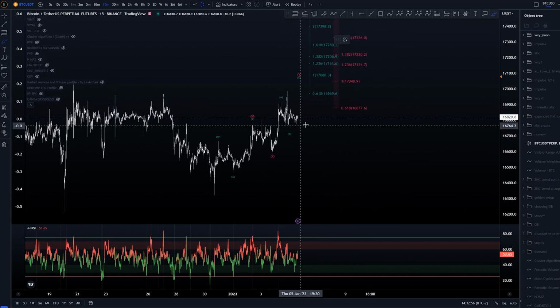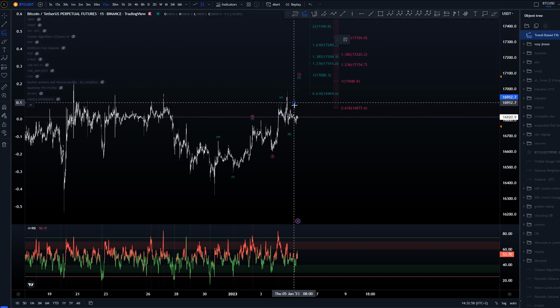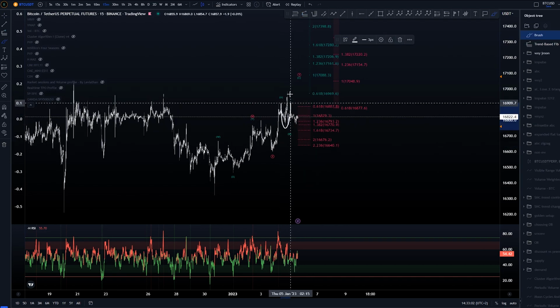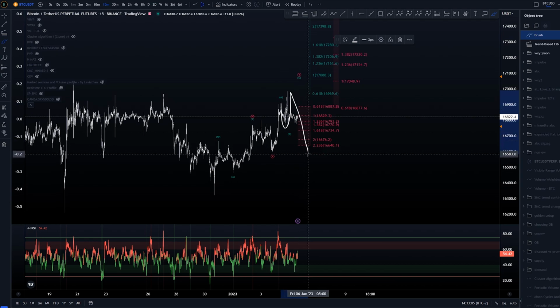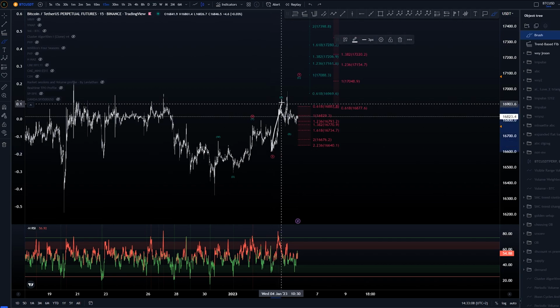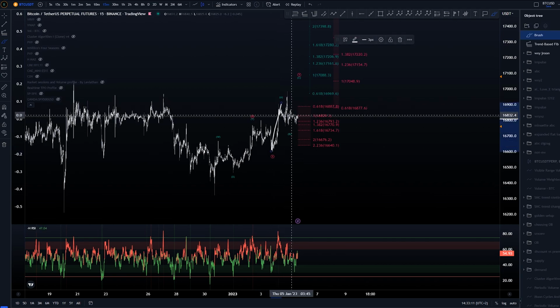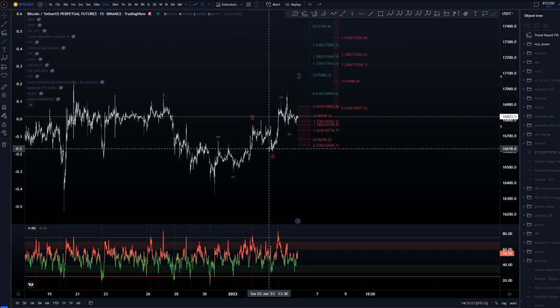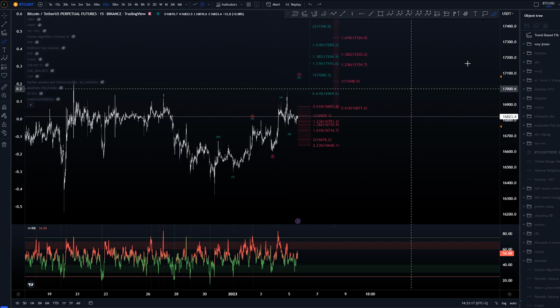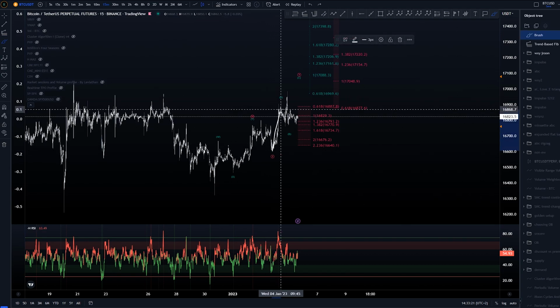If we come down lower, we don't really want to go below the 2.618. At that point, we would already do something like this, where we would be taking out these lows. And that would be the invalidation of this being a wave A and a start of something. If that happens, then we're going to be invalidating quite a few different counts, both the impulse wave idea and this being a wave A of something.